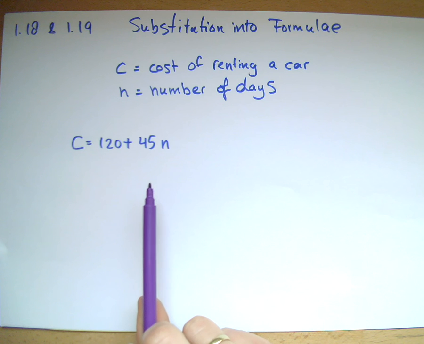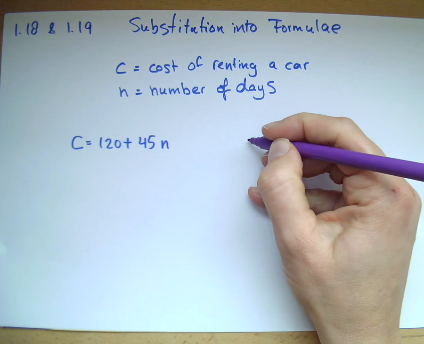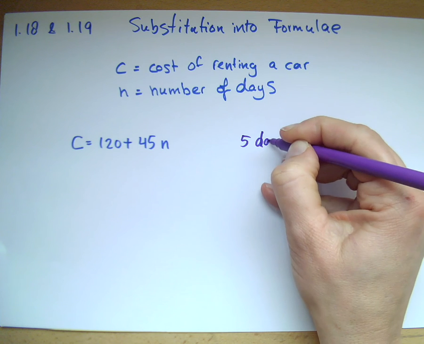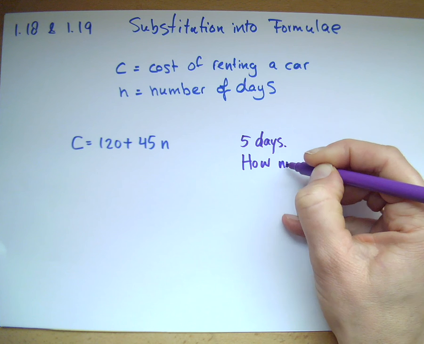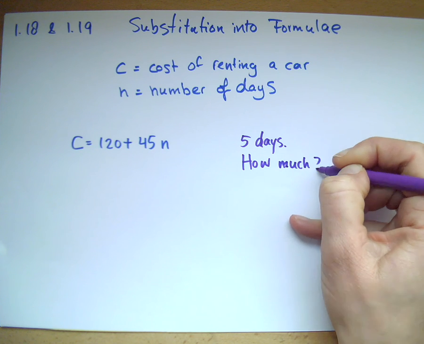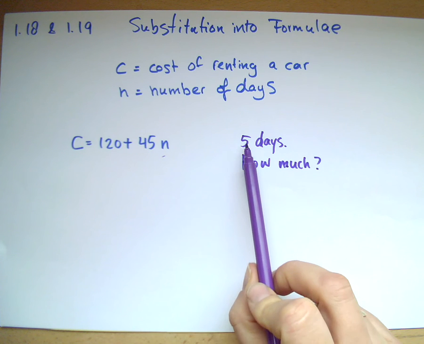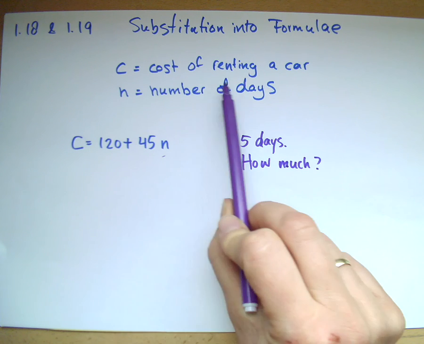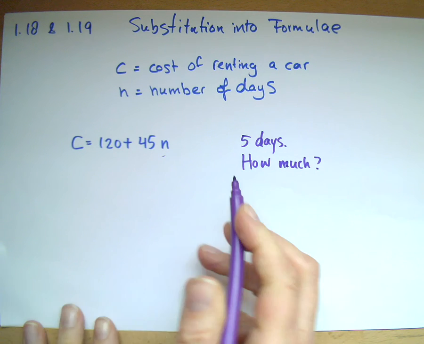Say they ask us, you want to rent a car for 5 days. How much is that going to cost using this formula? Well, all you need to do is say, okay, 5 days, N is the number of days, so for N we plug in this 5.